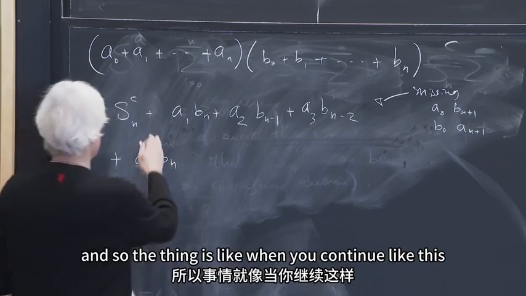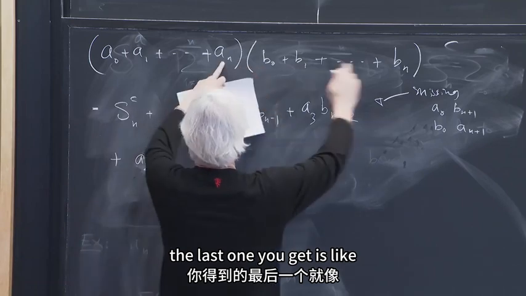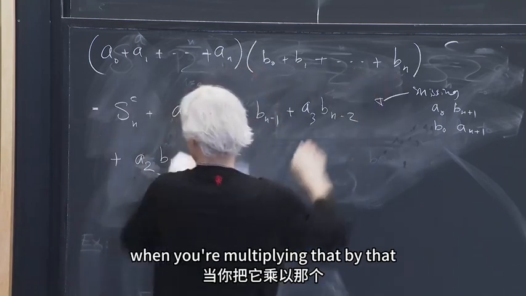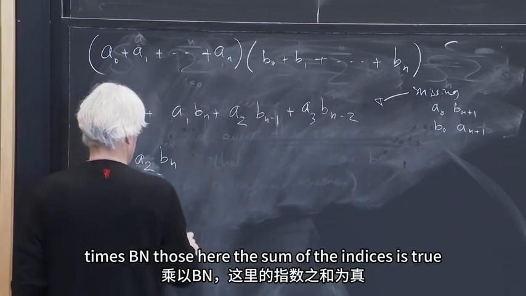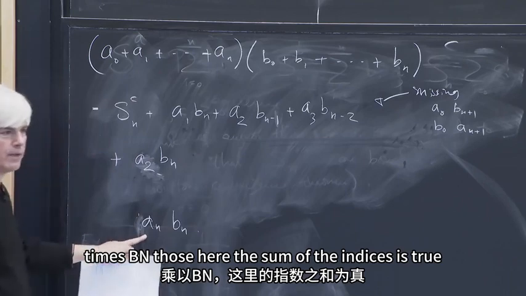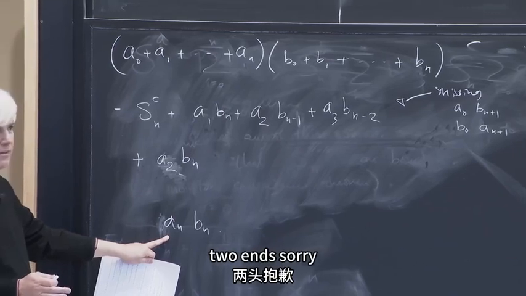When you continue like this, the last one you get is when you're multiplying the last terms, An times Bn, where the sum of the indices is 2n.